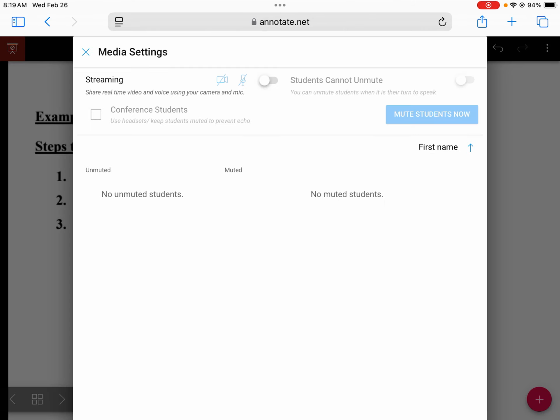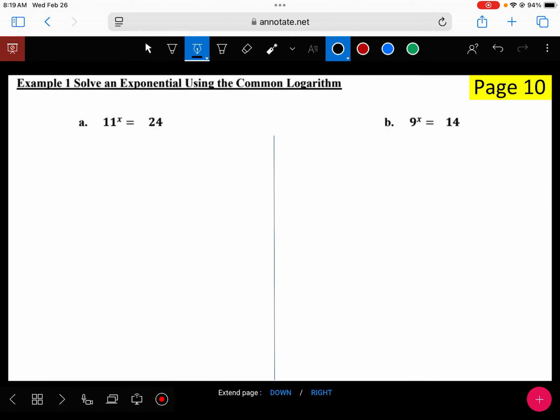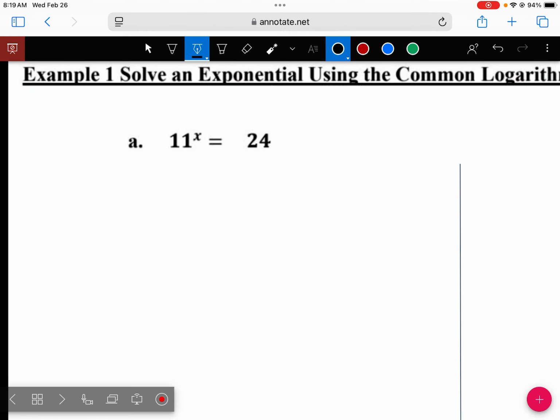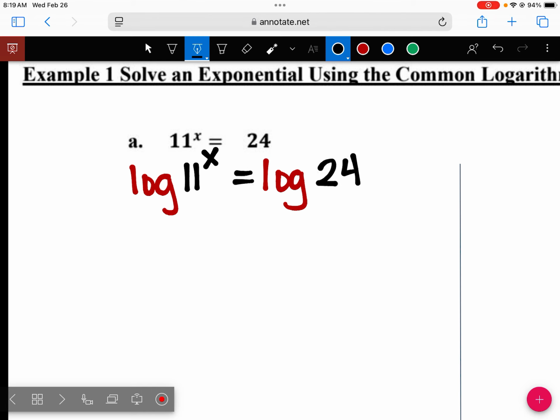Let's look at this first one. So the first thing I'm going to do is put a log on both sides. So first step, put your log in front on both sides.